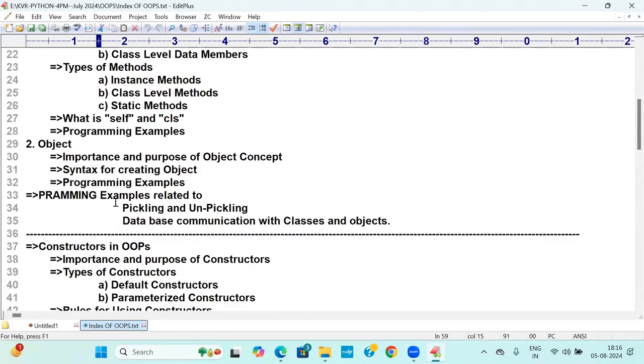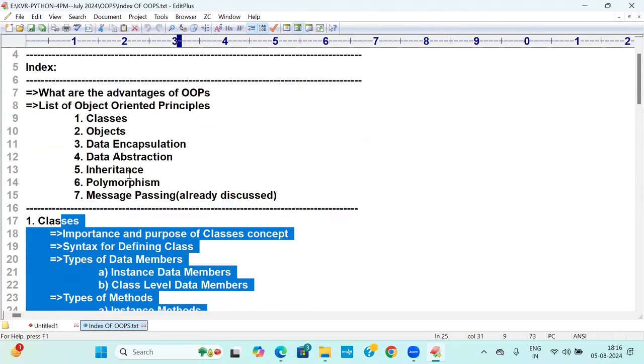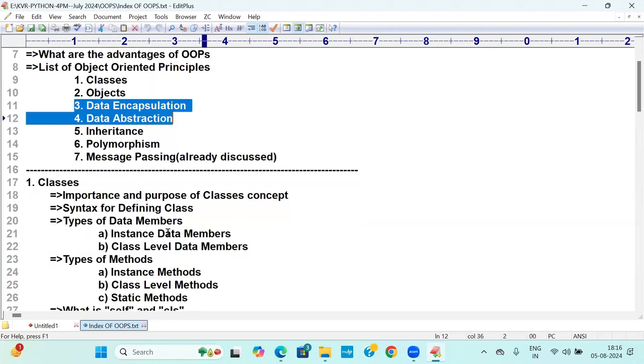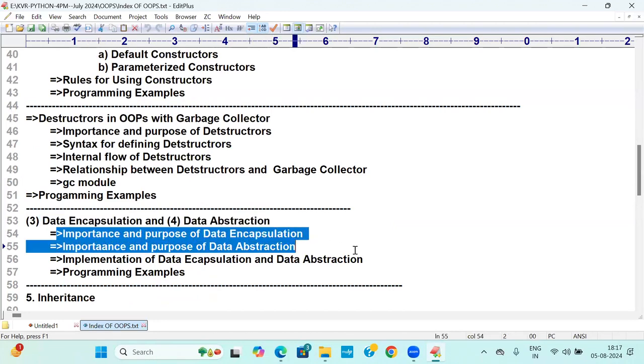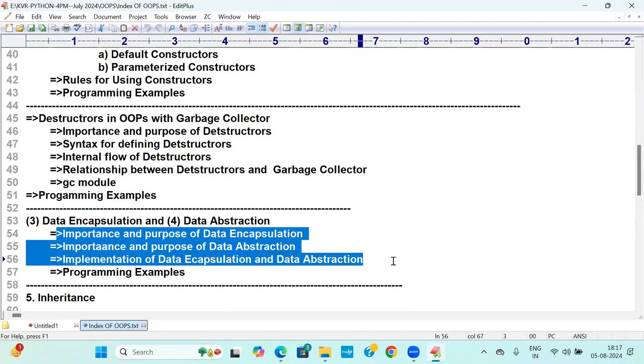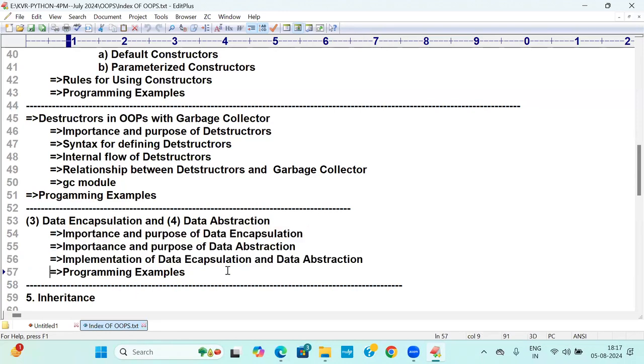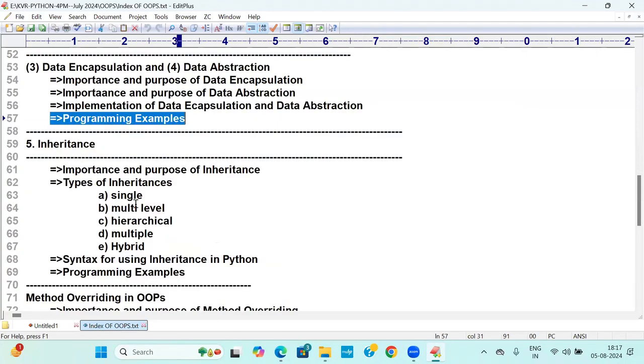Once we know classes and objects very thoroughly, next parts 3 and 4 are data encapsulation and abstraction: importance of encapsulation and abstraction, implementation, followed by programming examples.